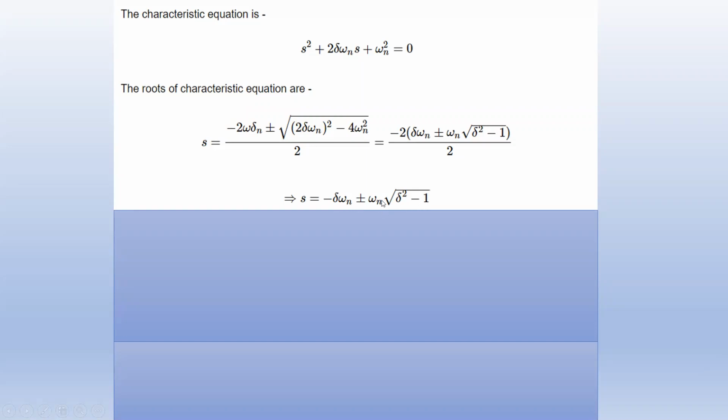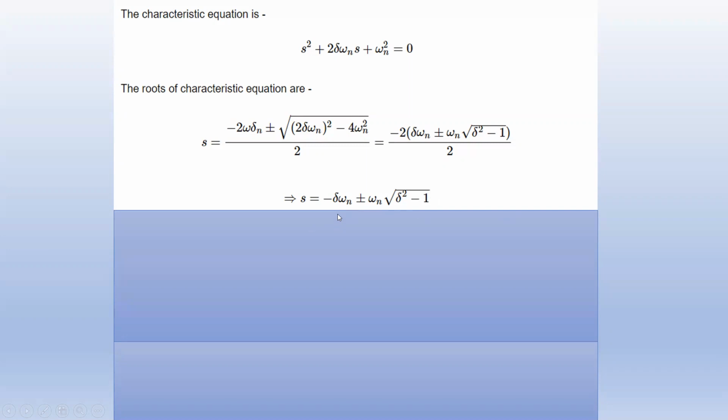Based on this expression inside the root, we can have different types of roots. If the damping factor delta is equal to 0 and we substitute it here, we have complex conjugate roots, because this term becomes minus 1, and the square root of minus 1 becomes the complex number j.